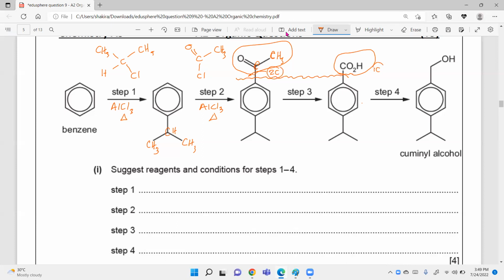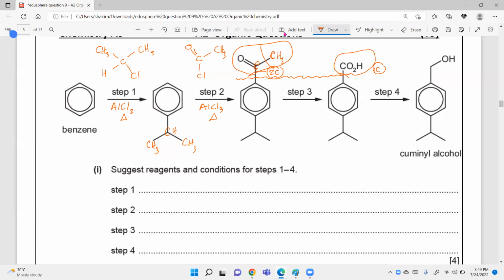Therefore, one thing you must remember. This 2-carbon part has to go to a 1-carbon part by breaking the CH3 part. We are breaking the CH3 part here, and this CH3 is attached to the carbonyl part. So what do you think the reaction is? Remember, it's the iodoform test. Why?